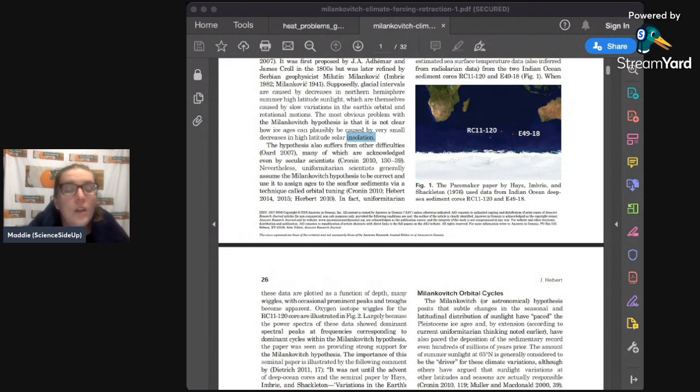Okay, so what that sentence means is that he thinks that the difference in ice age versus not ice age is the increased or decreased distance to the sun because of the tilt.